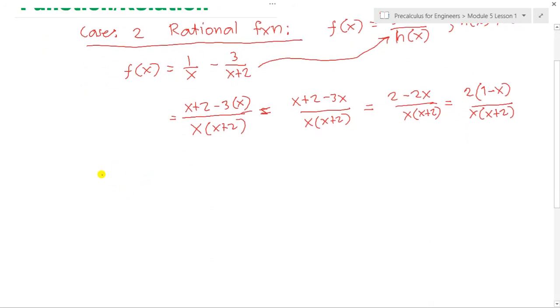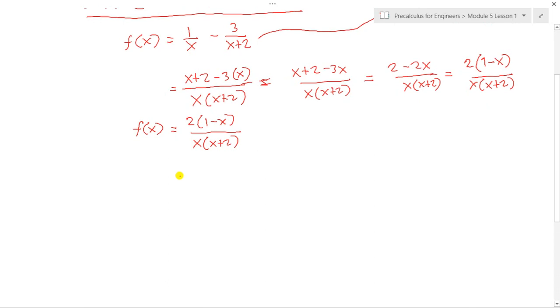Then, since naa na tay form sa atong function of a single fraction, so we have here 2 times 1 minus x all over x times x plus 2. So, dili na ta mo proceed sa domain. Again, mao ni ang pinaka daghay restriction ang domain.